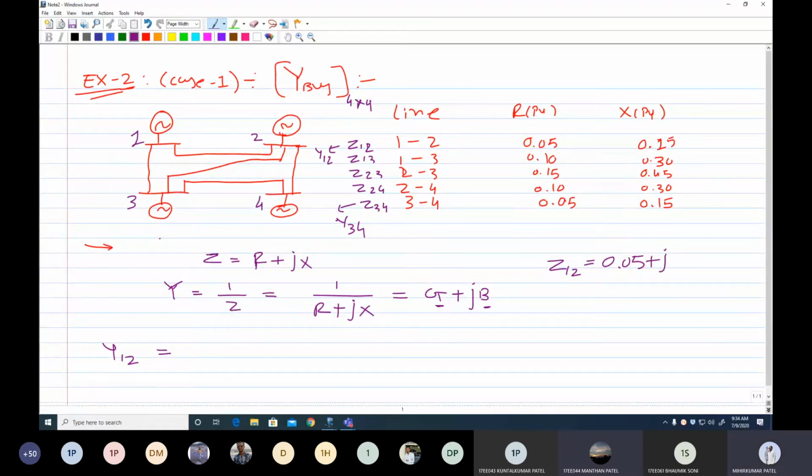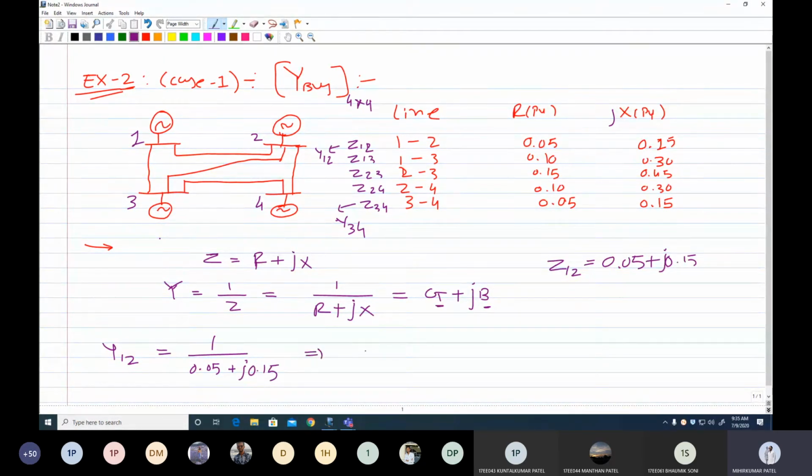According to this equation, Z12 is 0.05 plus j 0.15.